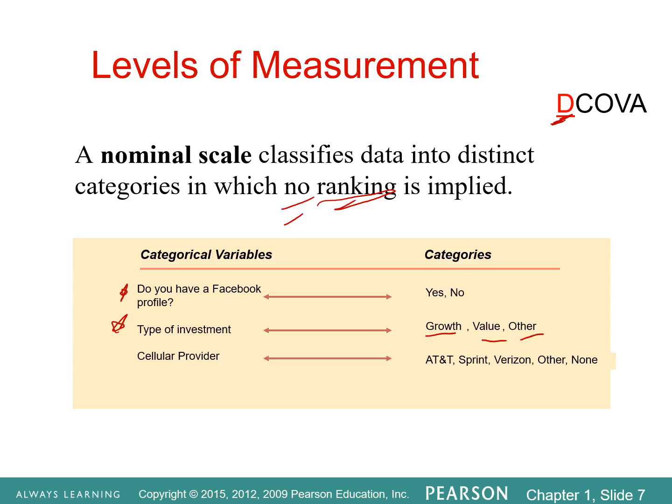Again, you need to provide the answers that they're going to choose. They're not open-ended. What cellular provider do you have? AT&T, Sprint, Verizon, other, or none. These are types of categories. Again, AT&T, Sprint, there's no ranking in it. It's just I have AT&T.